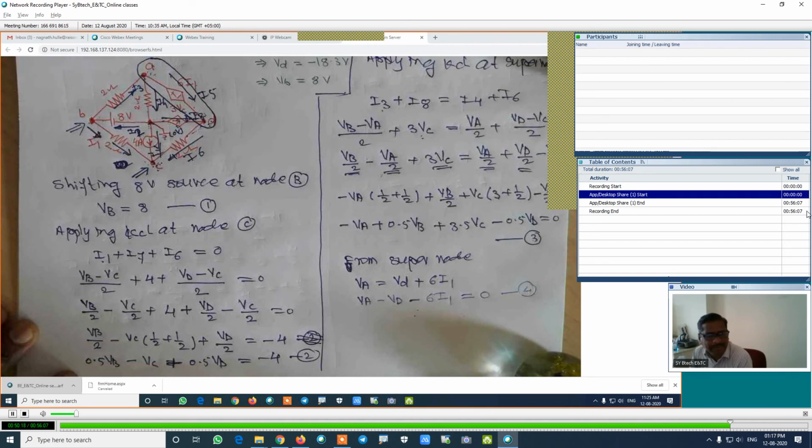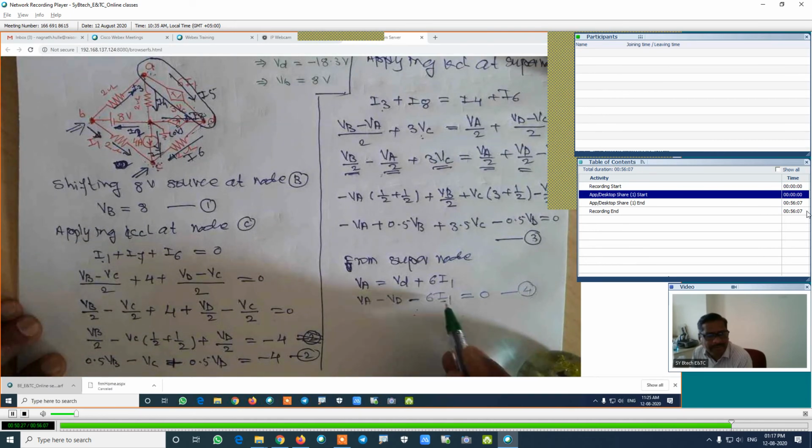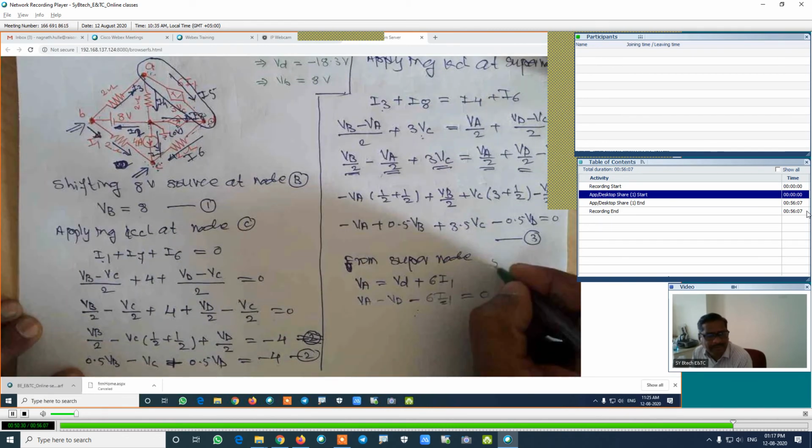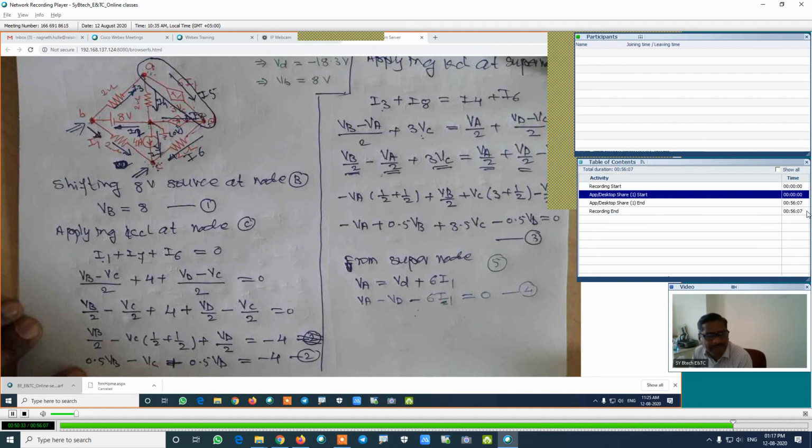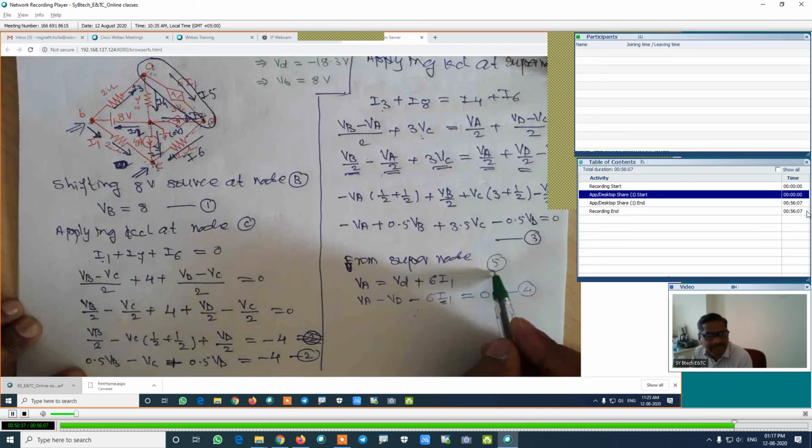We have the 5 unknowns. Which are the 5 unknowns we have? We have the unknowns VA, VB, VC, VD, and the last unknown is this I1. Is it right? And if we have 5 unknowns, how many equations are we expecting? At least 5. But we have 4.